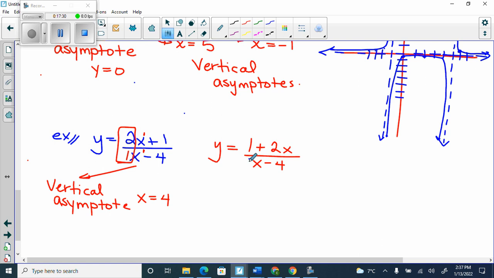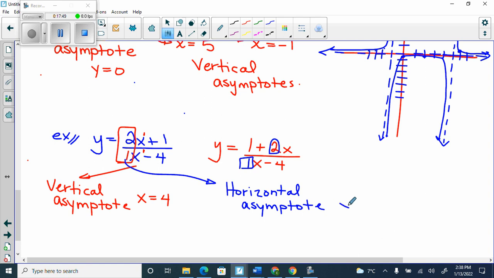So this would still be a 1, this would still be a 2, so it would be 2 over 1, right? So this would be my horizontal asymptote of y equals 2 over 1, which is just silly, or y equals 2, right?